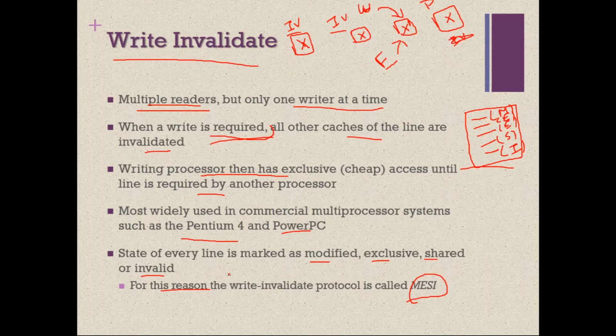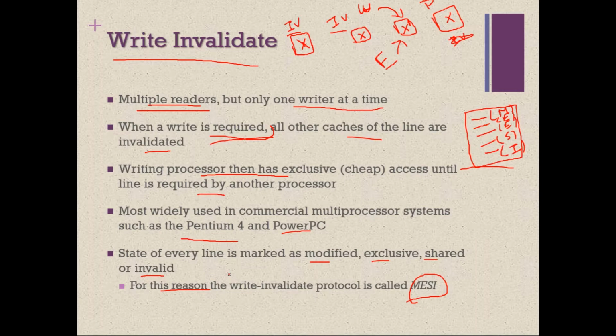Just understand, in a MESI protocol there can be multiple readers but only one writer at a time. When somebody wants to write to a particular data, all other copies of the data will get invalidated, and now this processor has exclusive control and can perform the write operation.